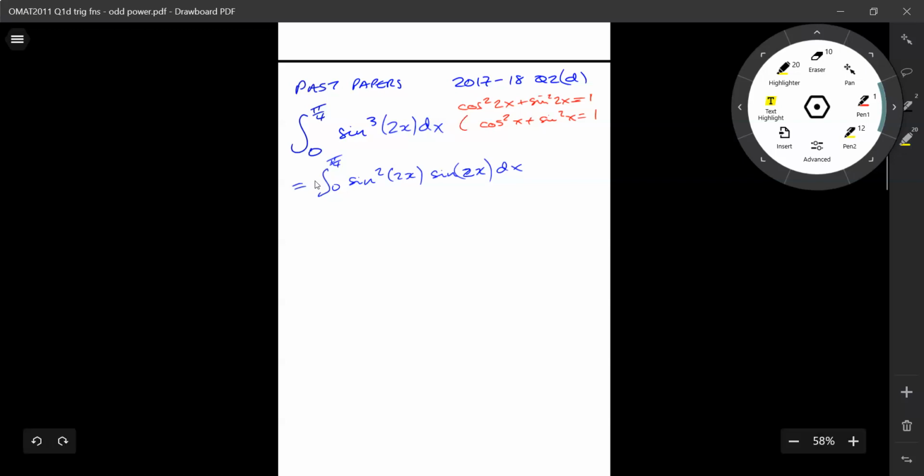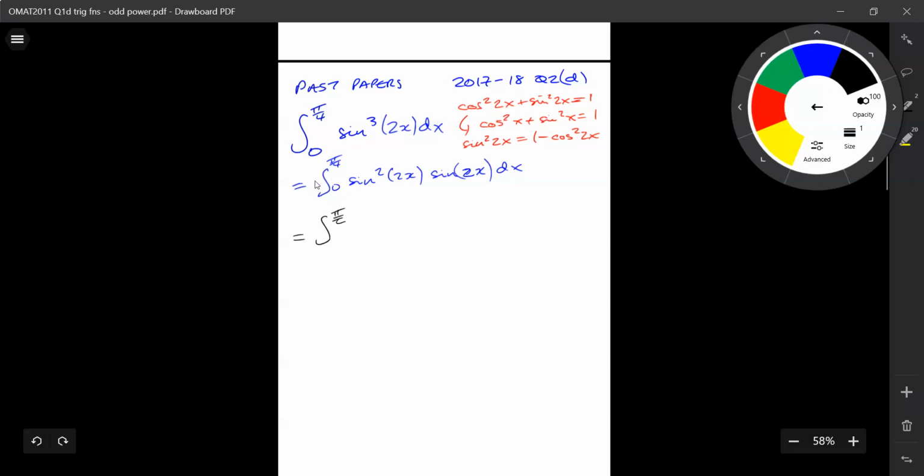So in this case, if we go to the one above, this tells us that the sine squared of 2x is equal to 1 minus the cosine squared of 2x. So then we're going to substitute that in here. So that's the integral from pi over 4 to 0 of 1 minus cosine squared 2x times sine 2x dx.